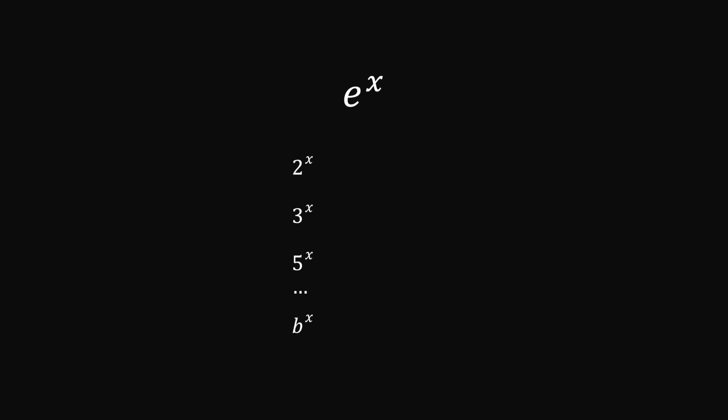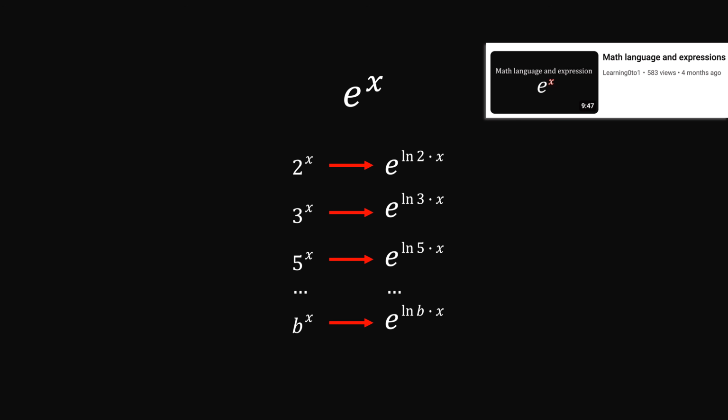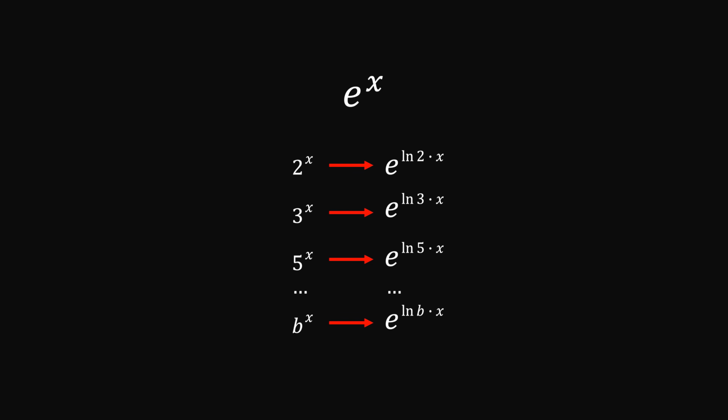They can be any positive numbers, but they will always be converted to base e, because only base e can be computed. If you want to know more details, you can check out our video on math language and expressions. Hence, the real-life exponential relationship will have a certain constant on top. It represents different speed of growth.